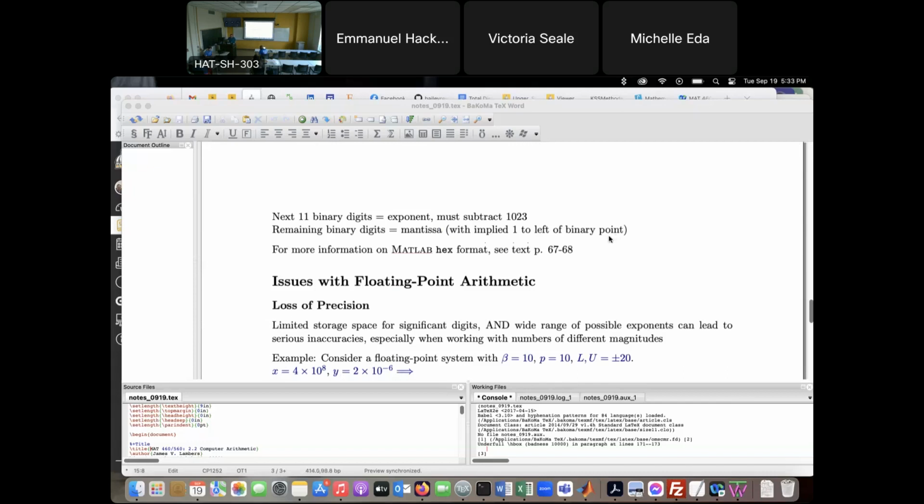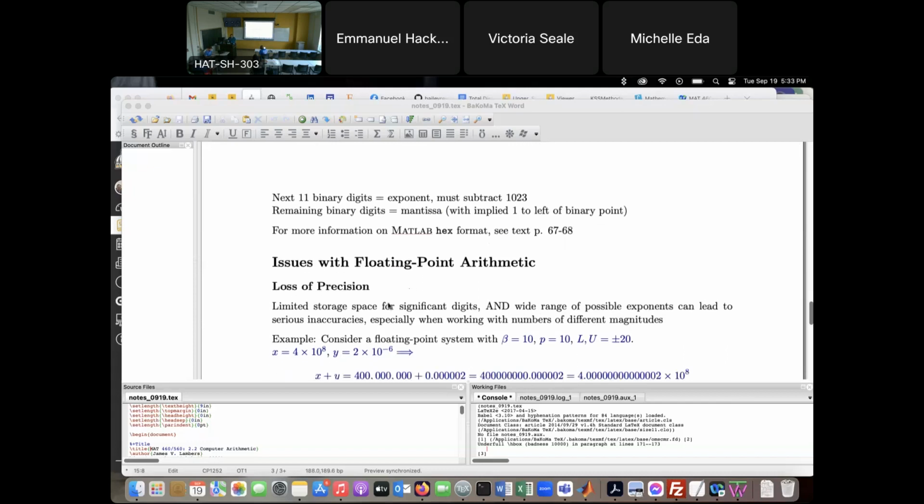There are various issues that come about, due to the limitations on precision and the limited range of magnitudes that you can have. So certainly loss of precision. These limitations can lead to significant inaccuracies when you're carrying out ordinary arithmetic operations.